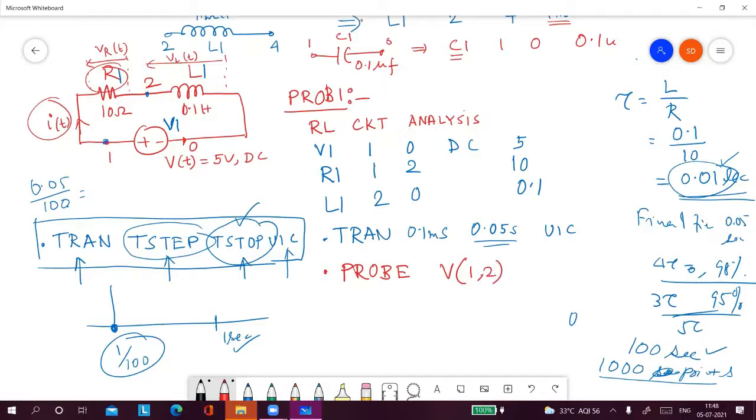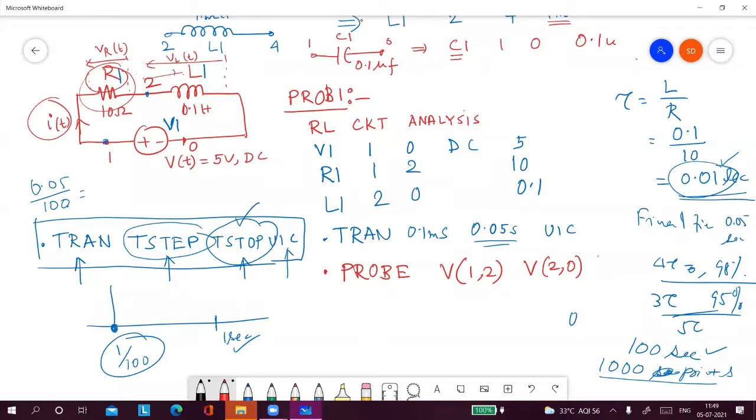Then you want to plot the voltage across the inductance. The inductance is connected between 2 and 0, so write V(2,0). Then you want to plot the current. The current passing through the resistance and inductance, since R and L are connected in series, is the same.